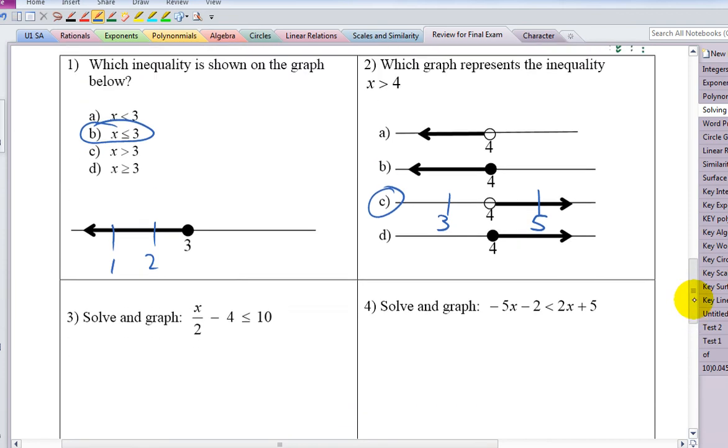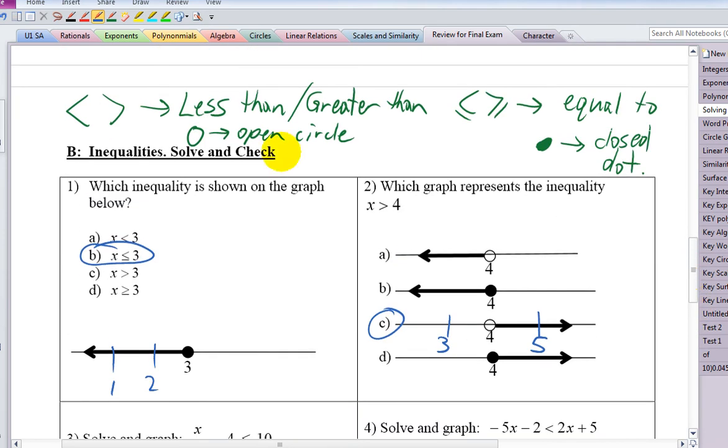What's our only rule for these? Flip the direction if what? Yeah, but what you got to be careful is when you divide or multiply by a negative.